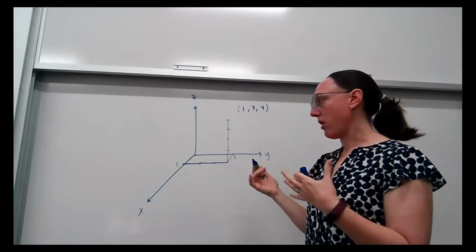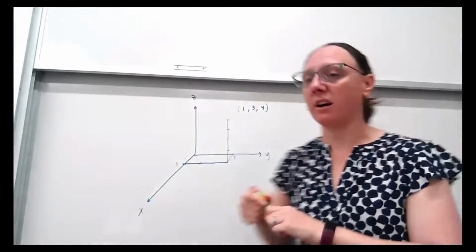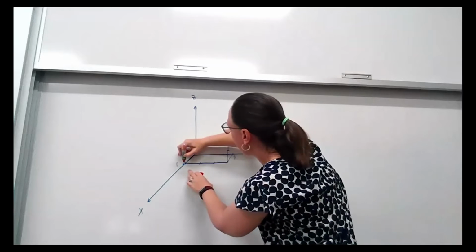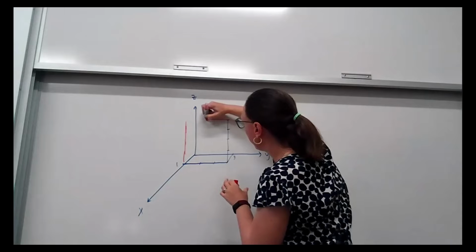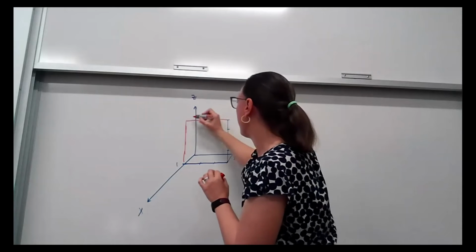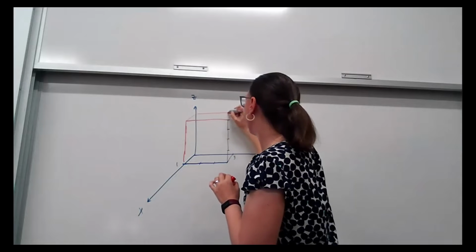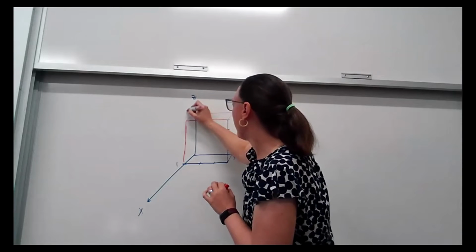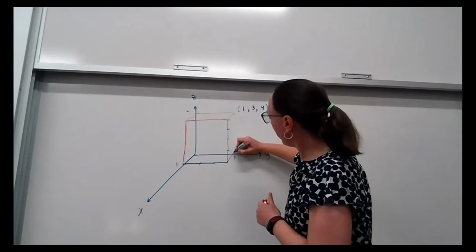So if I were to draw this, I'm going to draw in a whole box here. So I'm going to give myself this box. So that up there is 4.